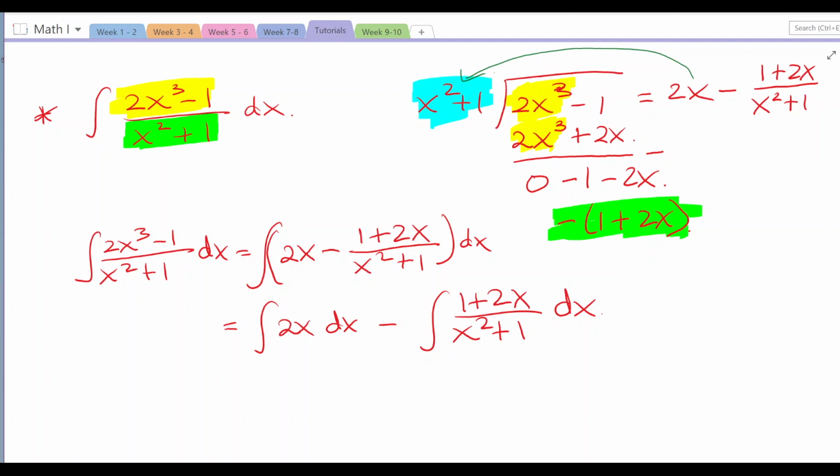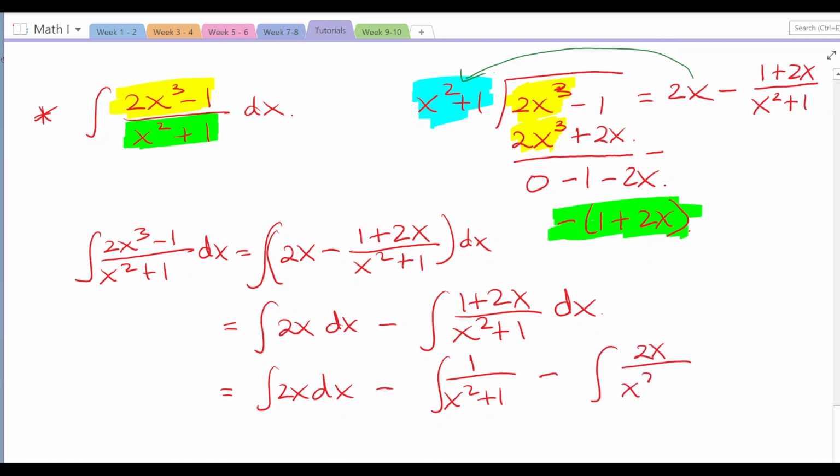Let me just write down, this is the same as integral of 2x dx minus integral of, the first one is 1 over x squared plus 1, and then 2x divided by this, but this is also on the negative sign. Negative integral of 2x over x squared plus 1 dx.